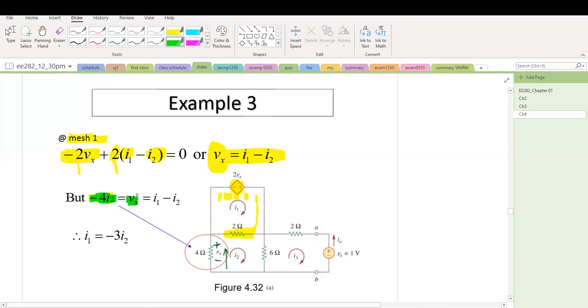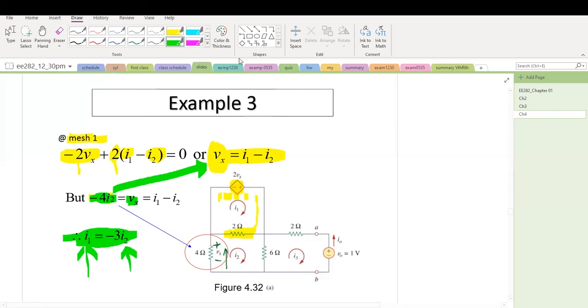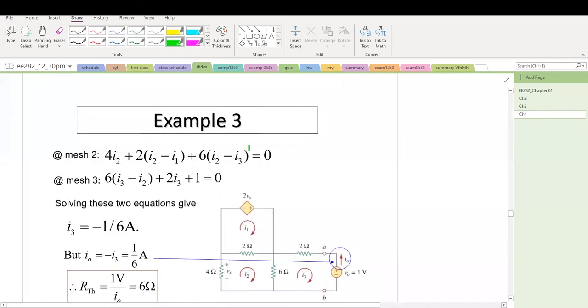Plug in Vx to here, and then we can obtain I1 equals minus this relationship. The variables are I1 and I2. So that is one equation here. We need two other equations to solve for I1, I2, and I3, 3 unknowns. We need a total of 3 equations.